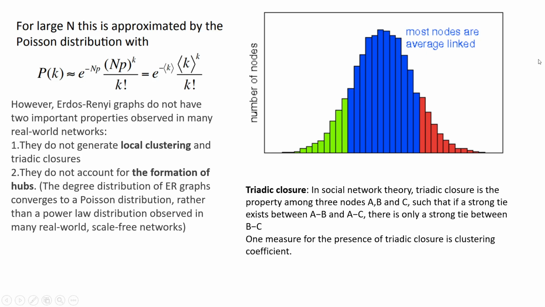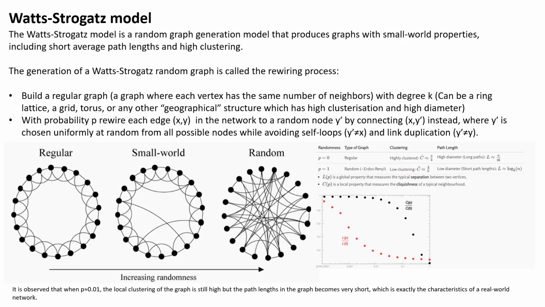In a Poisson distribution most nodes are averagely linked, but in real world networks most nodes have very low connectivity, so that is not reflected in this model. These are the two major disadvantages of this model, but it is still a very good starting point to compare against real life networks.